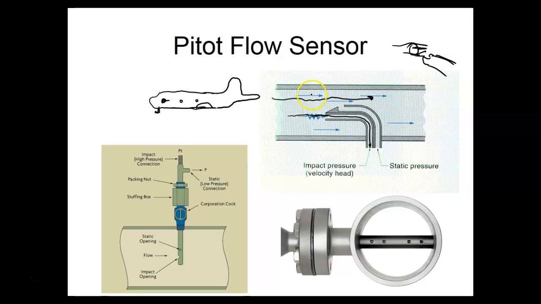So what happens is we have a static pressure, and then we have a dynamic pressure, and then we compare the two. So what this is, it doesn't change. We get an accurate measurement even if the viscosity of the liquid is high, or if it's low, you still get the same thing because it's comparing the two pressures between what's flowing.